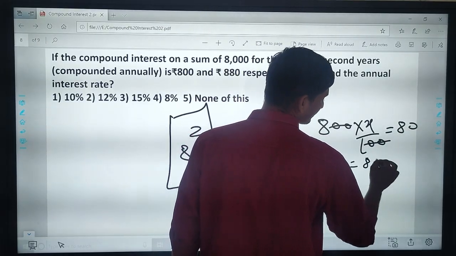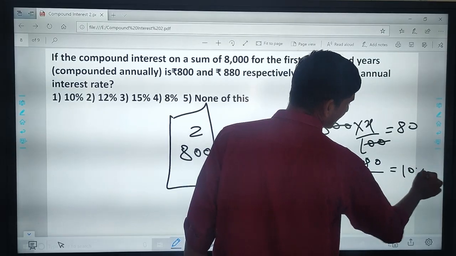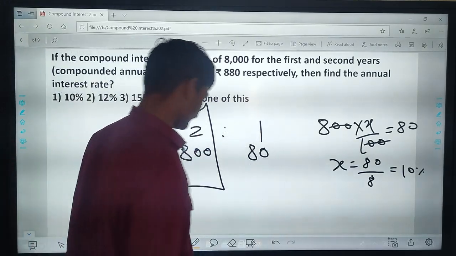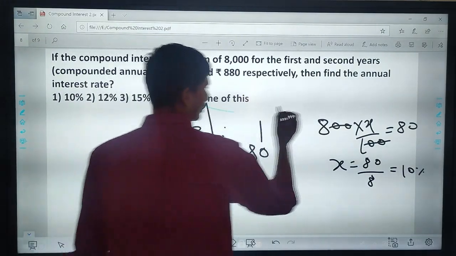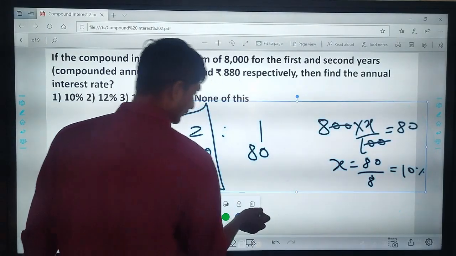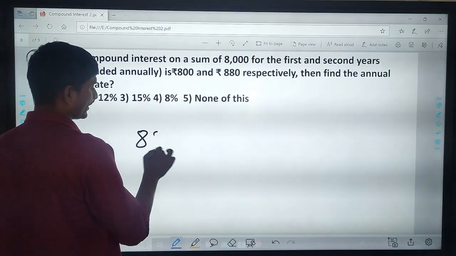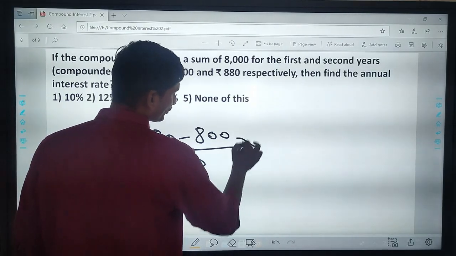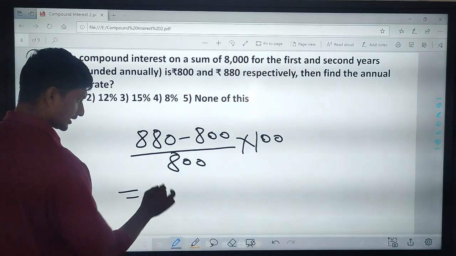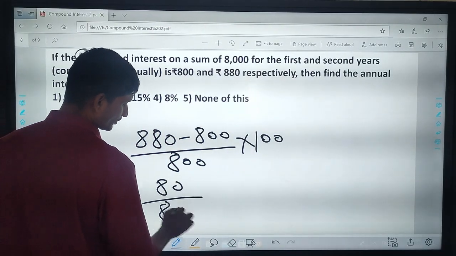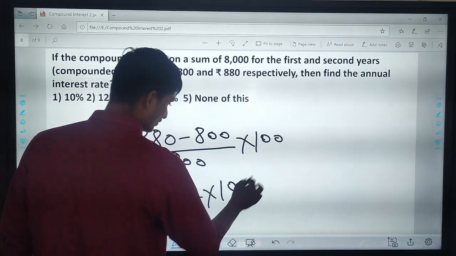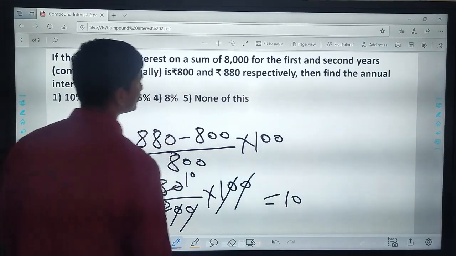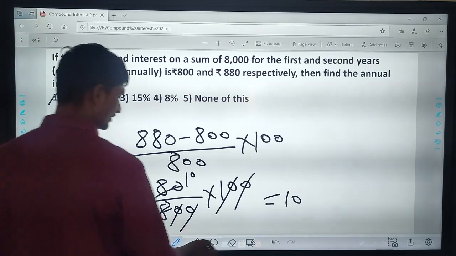X is equal to 80 divided by 8. Now your answer is 10%. Or we calculate by formula: 880 minus 800 divided by 800 into 100. Subtracting these two gives 80 into 100 divided by 800, zeros get cancelled. Now your answer is 10. This is your answer. Now your interest rate is 10%.